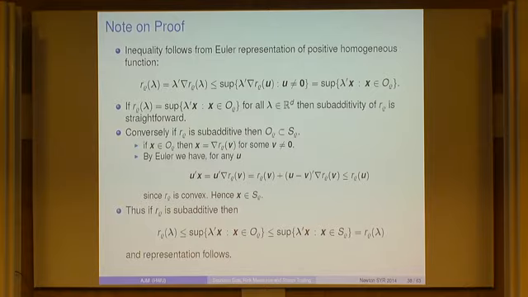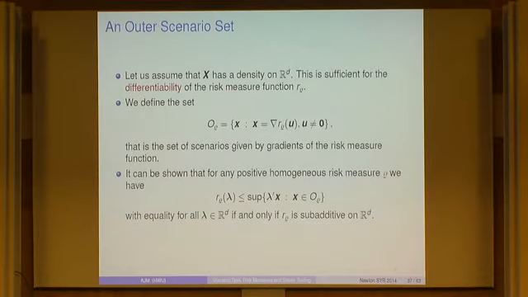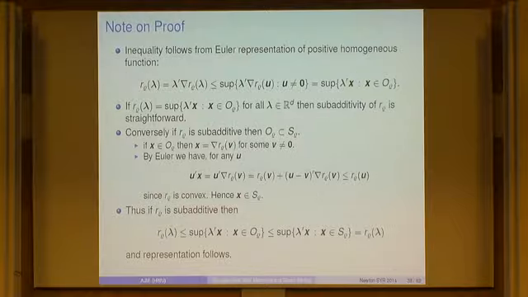And then the fact that you have equality for all lambda if and only if R is subadditive. Well, one direction is simple. If you have a risk measure which is of this form, subadditivity is obvious. So the more difficult direction is just checking that if this function is a subadditive function, then the O set is contained within the S set.